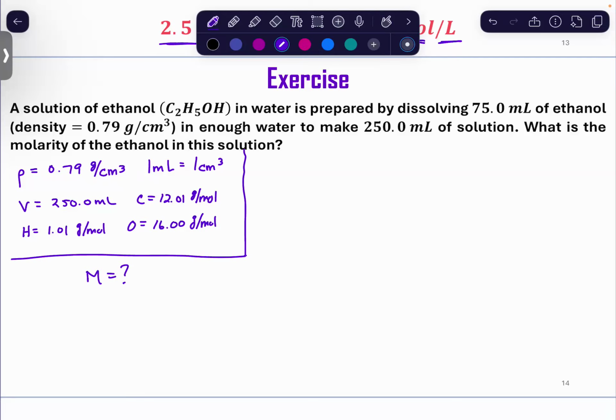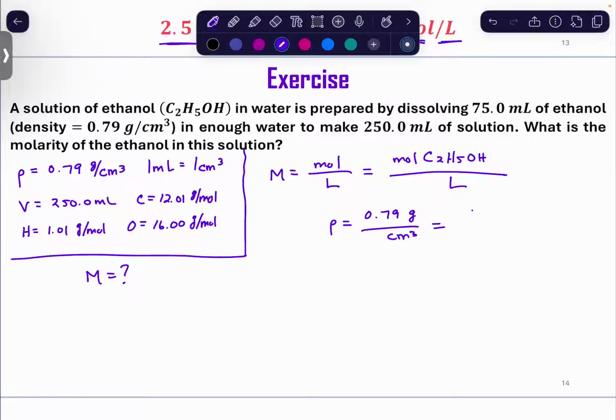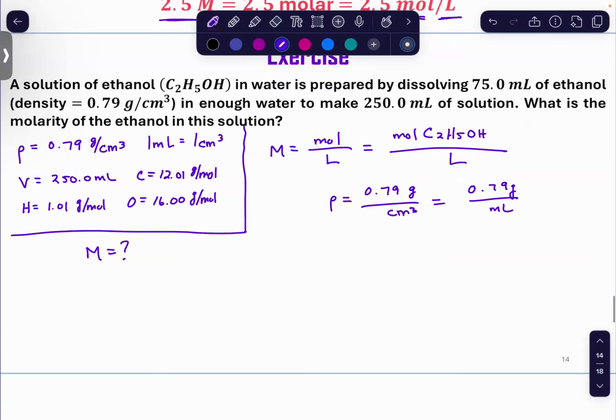Okay, well, I'm going to start by reminding myself what this is. Molarity is moles of solute per liter of solution. In our case, that's going to be moles of ethanol per liter of solution. And because 1 milliliter equals 1 cubic centimeter, I know that my density goes from 0.79 grams per cubic centimeter to 0.79 grams per milliliter.